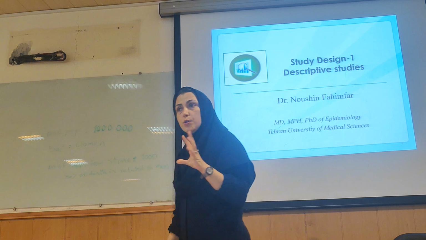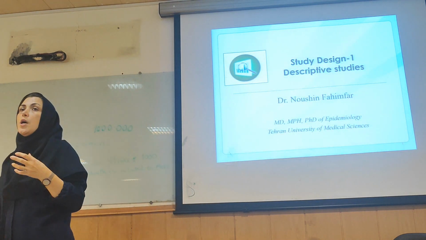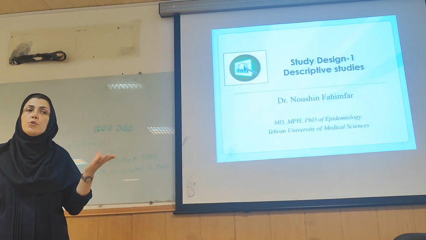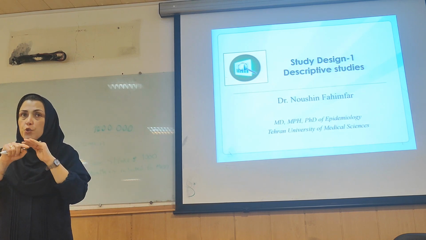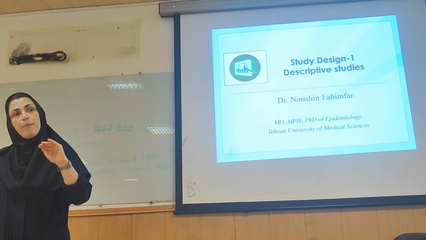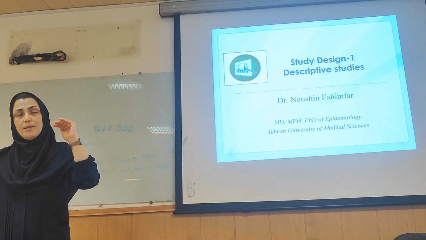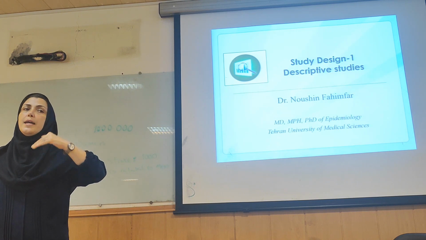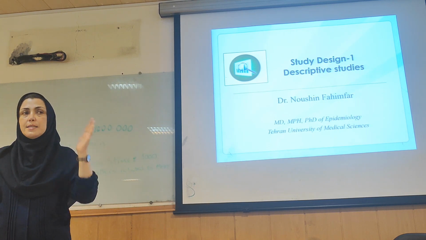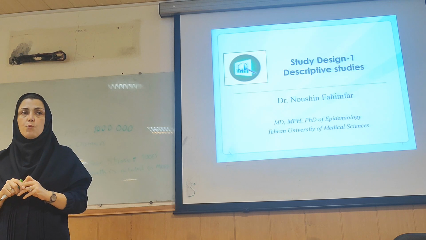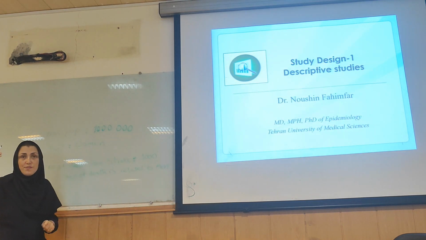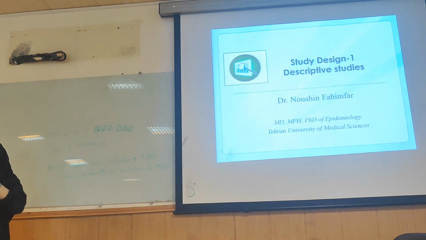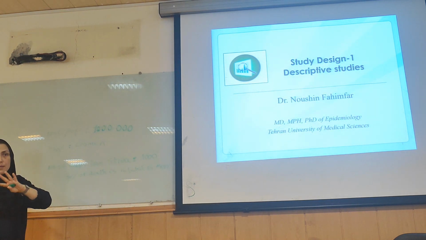I told you that if we want to calculate the mortality rate among a specific age, we should put the number of population in that category and use the number of deaths among that category as well. Here, I told you about sex specific. It means that the numerator is different for men and women.